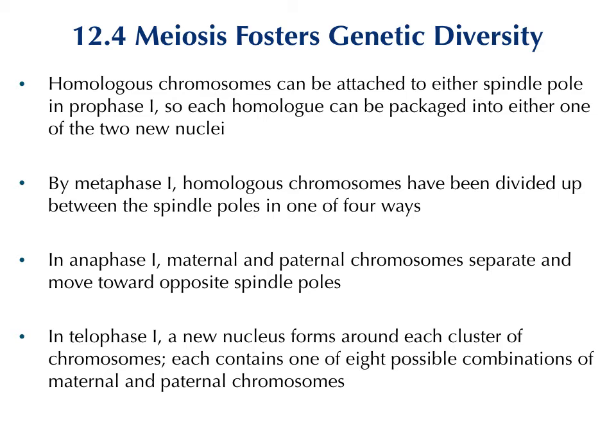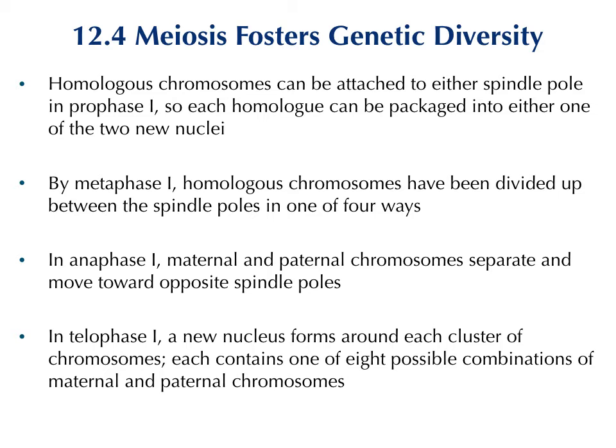Now let's look at chromosome segregation and how this fosters genetic diversity. Homologous chromosomes can be attached to either spindle pole in prophase 1, so each homolog can be packaged into either one of two nuclei. By metaphase 1, the homologous chromosomes have been divided up between the spindle poles in one of four ways.